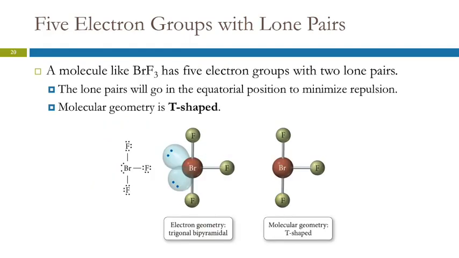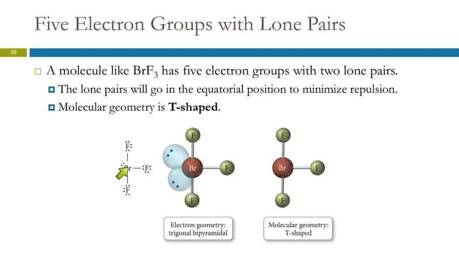Well, what if we had 5 electron groups and 2 lone pairs? This happens with bromine trifluoride. When you look at this formula, bromine and 3 fluorines, you might think, well, that's going to be trigonal planar. It's got 3 atoms around it. Why is it going to be anything else? But the lone pairs. You have to look at the Lewis structure.